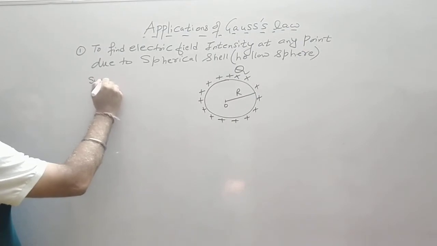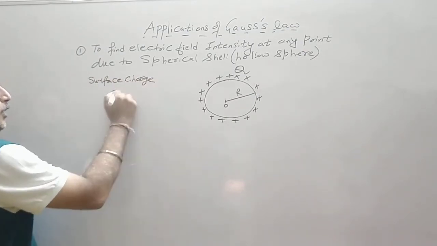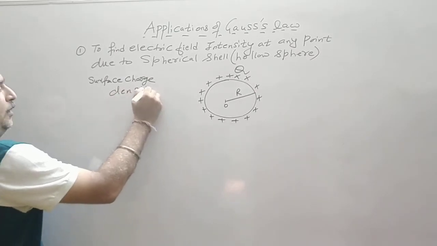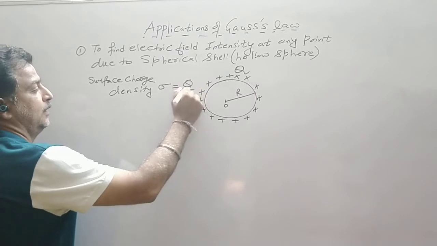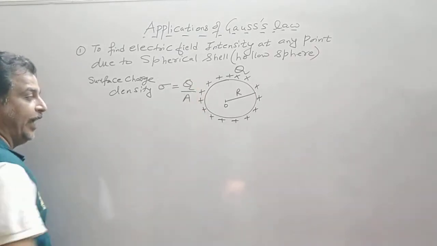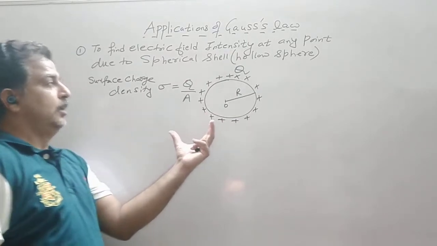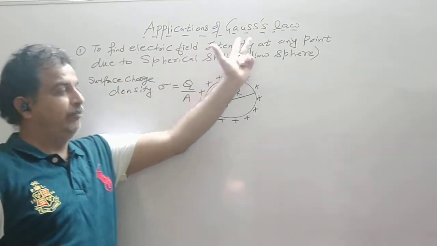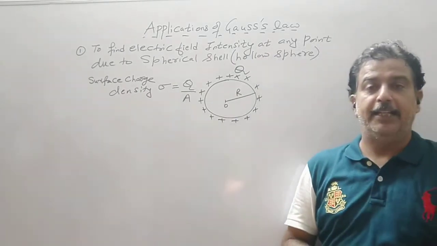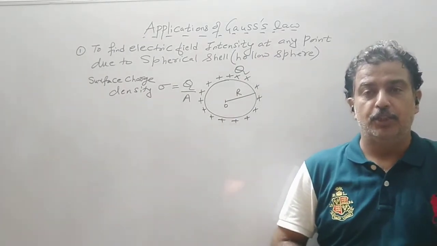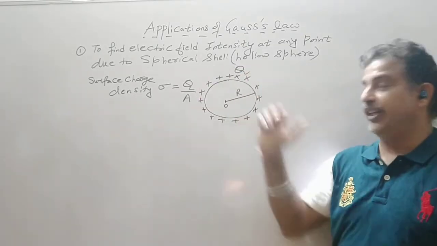So the first thing is to define a surface charge density, which was denoted by sigma, that is charge upon area. So this is the uniform distribution, and if you remember, the Gauss law is widely used to find out the electric field intensity due to some symmetry. Now here that symmetry is a sphere.